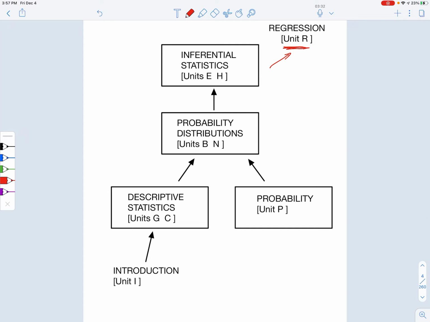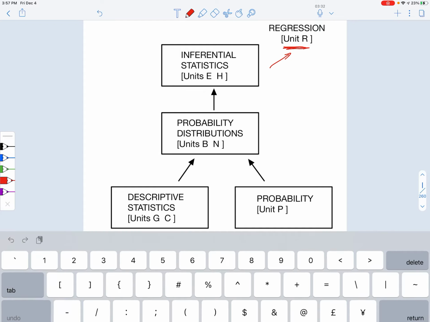And so you'll often hear about regression lines. So we want to give you the basics about how to read a little bit of regression output and how to do some simple calculations. But if you go on to Business 307, we will go into this in a lot more depth.